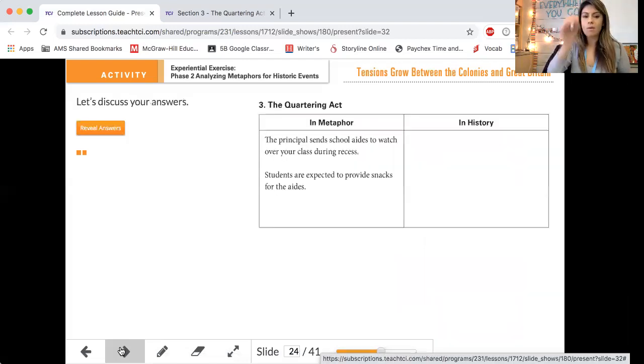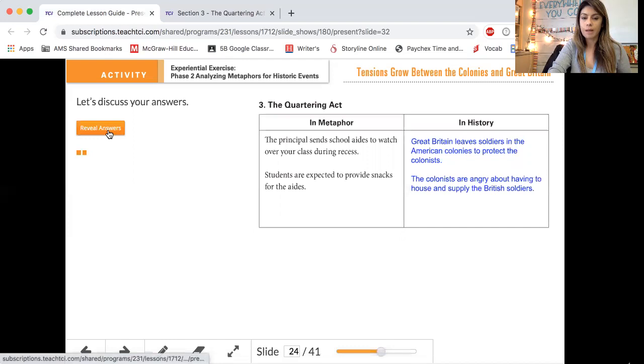Welcome back. Let's go ahead and discuss and read the answers. Here we go. For the principal sends school aides to watch over your class during recess, that would be Great Britain leaves soldiers in the American colonies to protect the colonists. For students are expected to provide snacks for the aides, you could have written down the colonists are angry about having to house and supply the British soldiers.